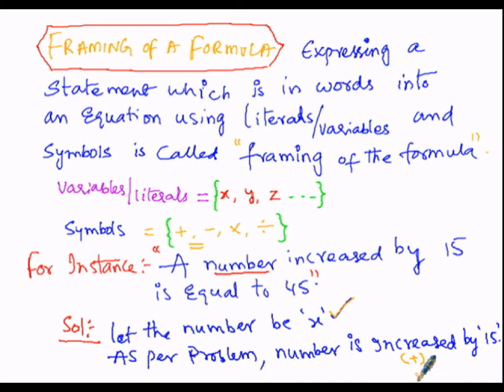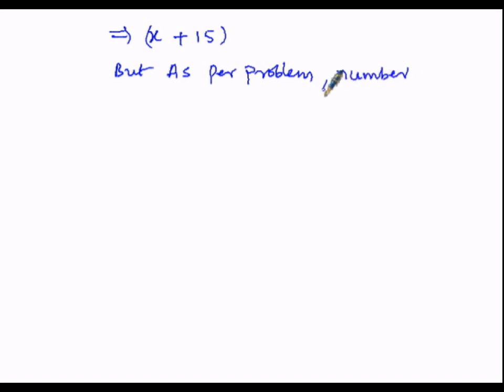So that implies the number is x and it is increased by means of 15. But as per the problem, the number increased by 15 is equal to 45.